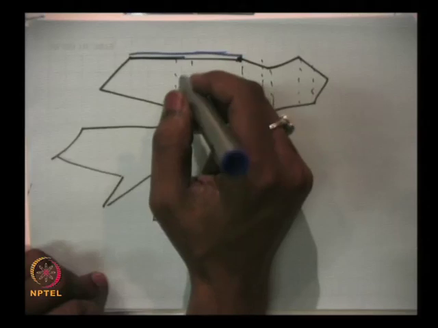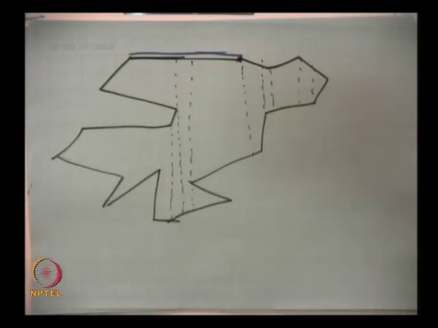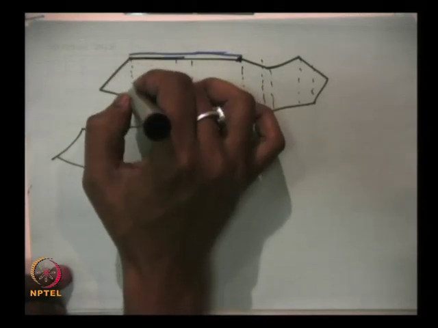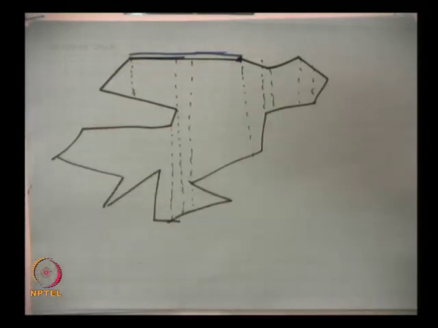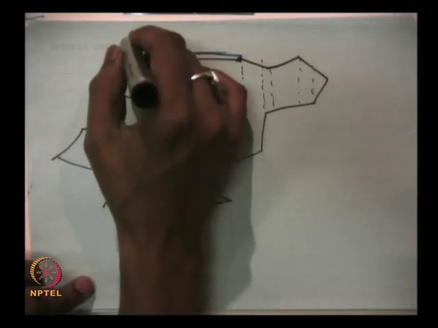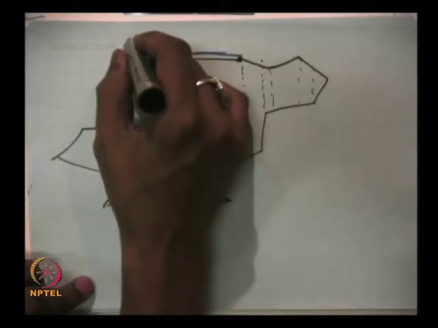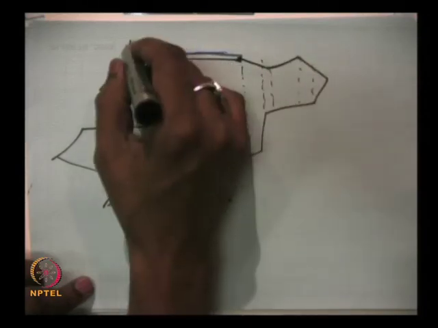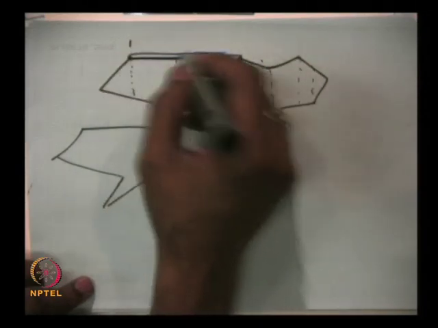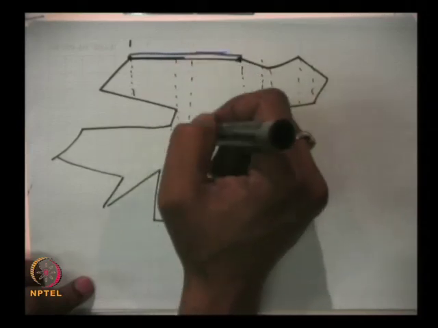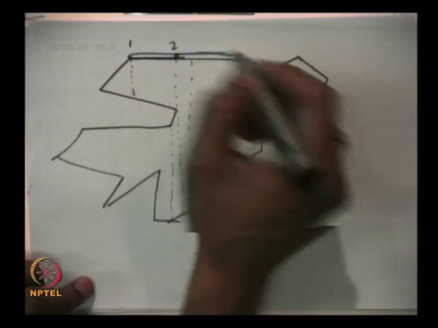Let us number them in the order that they intersect. For this particular edge, these are of course the two endpoints of the edge. So, I start from one side: 1, the next vertical line that intersects is 2, this one.